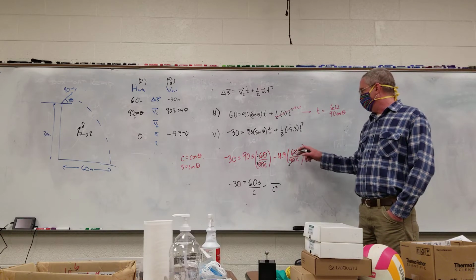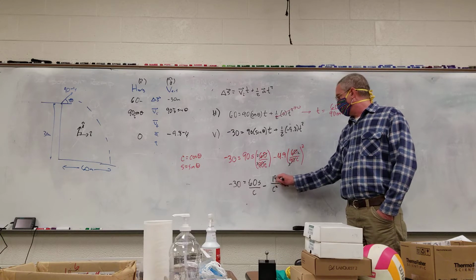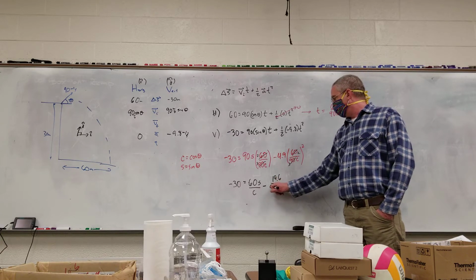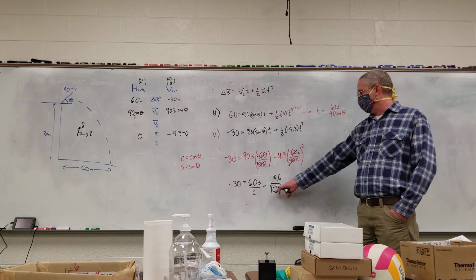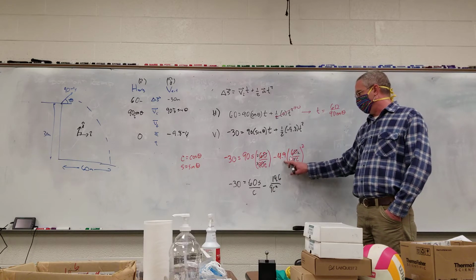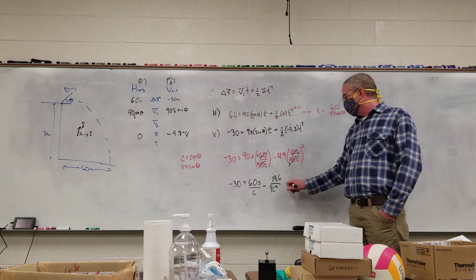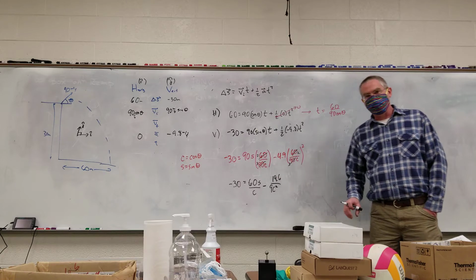And so 4.9 times 4 is 19.6 over 9, because that's the 3 squared. And this 19.6, that's 4.9 times 2 squared, which is times 4. And so now we have this.